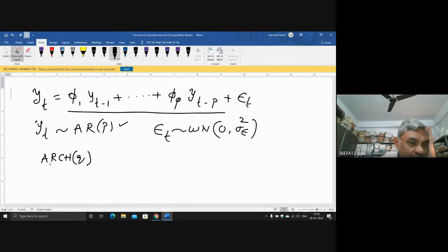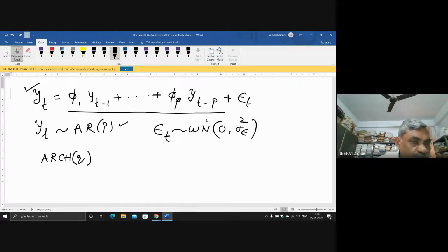So for ARCH(q), you have to extract the residuals. To extract the residuals, you run a regression: regress yt on yt minus 1 up to yt minus q.